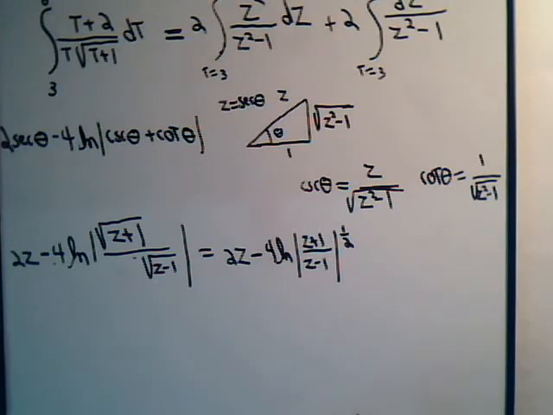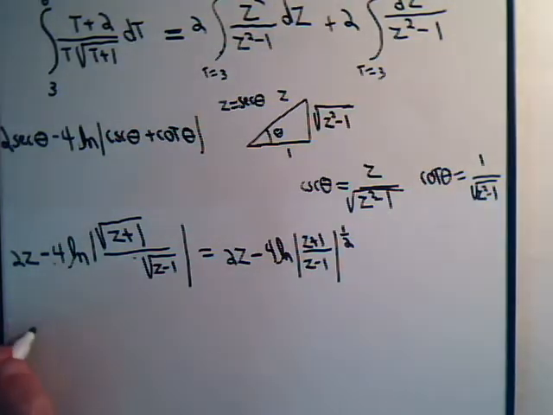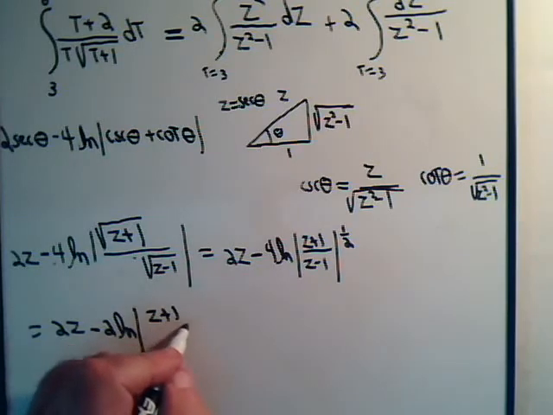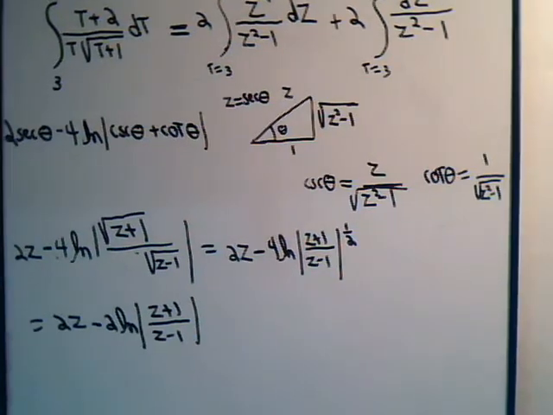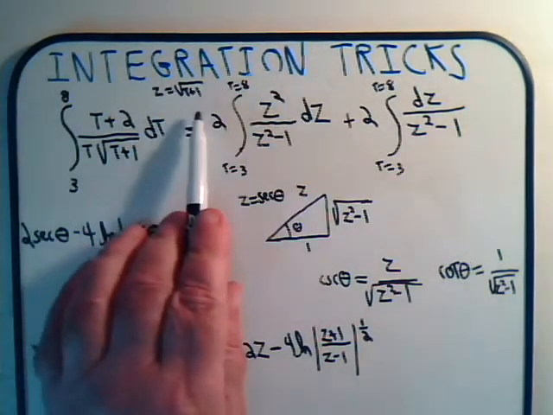And using our property of logarithms, we can modify this further. That will equal 2 times z minus 2 times the natural log of z plus 1 divided by z minus 1. And now we can go back and do our substitution for z.